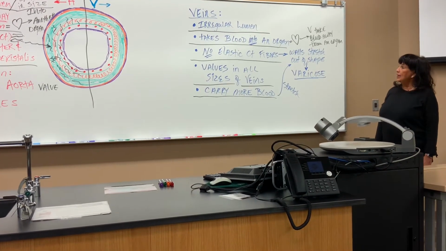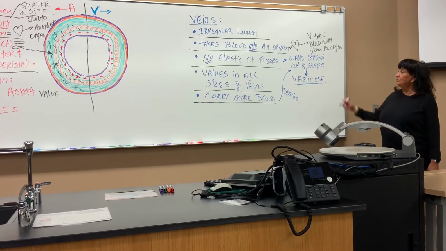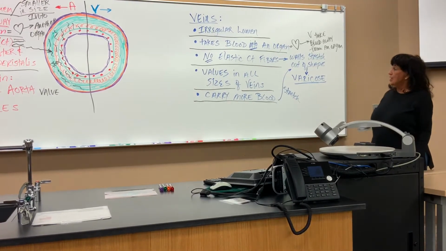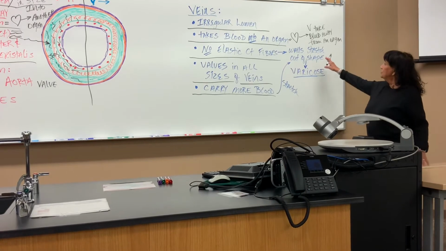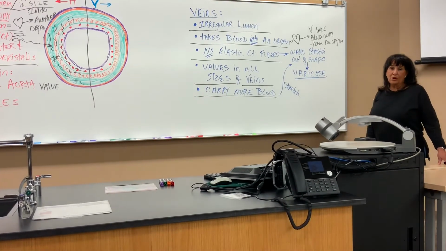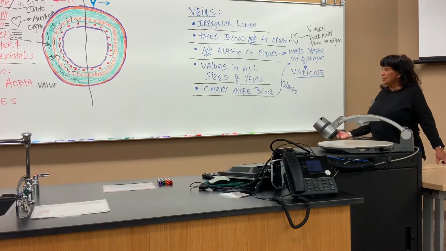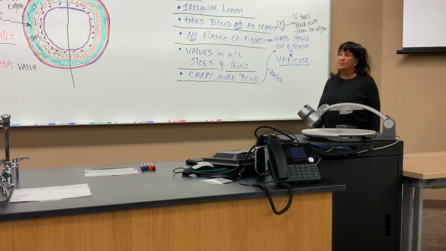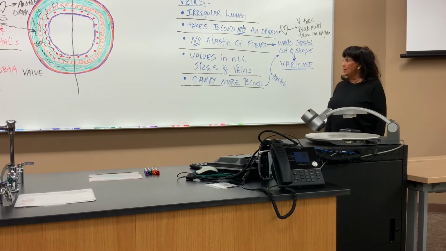But anyway, the veins get stretched because of no elastic fibers. And so because they have no elastic fibers, veins in general are larger and bigger, and they do carry more blood, actually. So that's because of the lack of the elastic fibers.